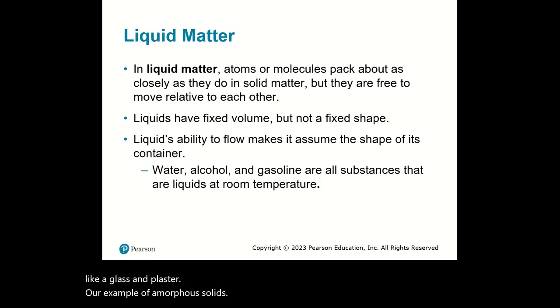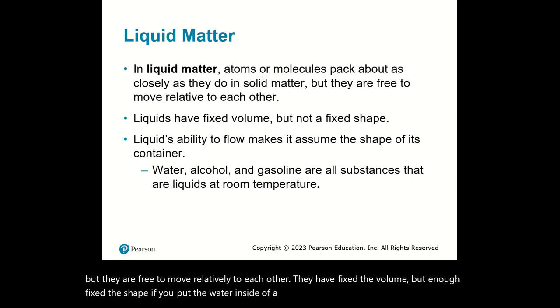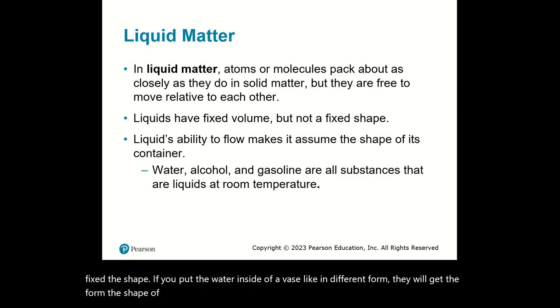In a liquid, the atoms or molecules are packed about as closely as they are in solid matter, but they are free to move relative to each other. They have a fixed volume, but not a fixed shape. If you put water inside a vase, in a different form, it will take the shape of the vase, or the shape of the cup, or whatever you use to store your water.